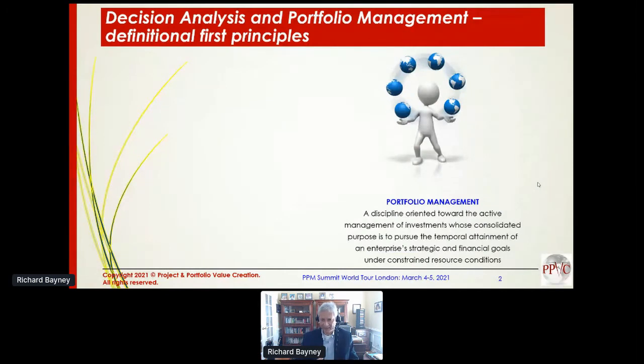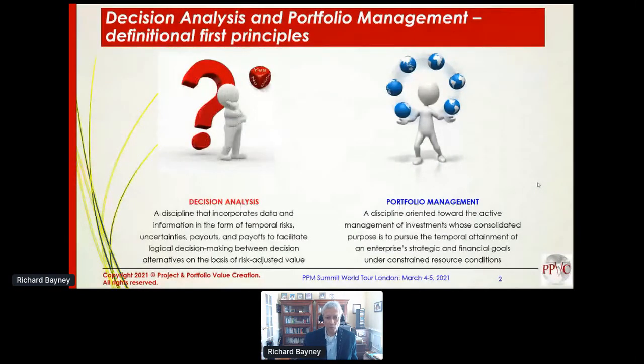So if we can at least accept that as a working definition of portfolio management, how would I choose to define decision analysis? Well, I define it as a discipline that incorporates data and information in the form of temporal risks, uncertainties, payouts, and payoffs to facilitate logical decision-making between decision alternatives on the basis of risk-adjusted value.